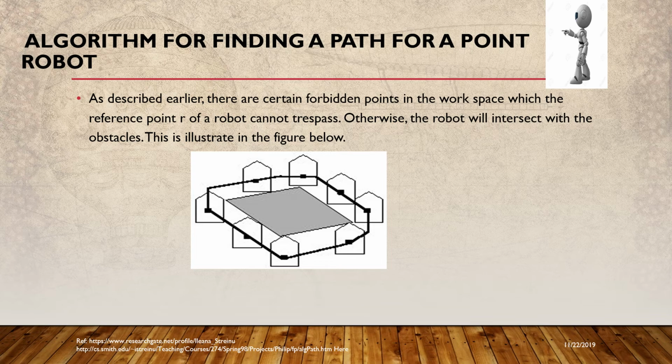So the robot is moving from one point to another, and there are certain forbidden points in our workspace with respect to the point R, which it cannot trespass. Otherwise, the robot will go into the obstacles and collide with them.